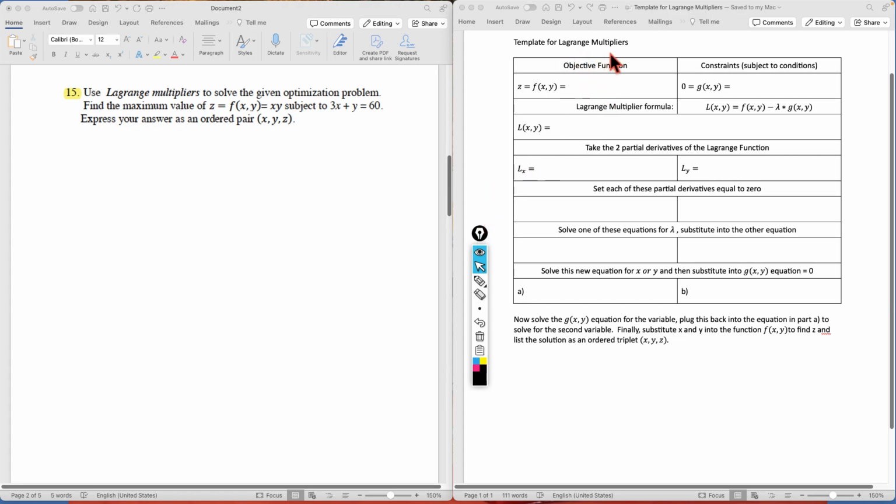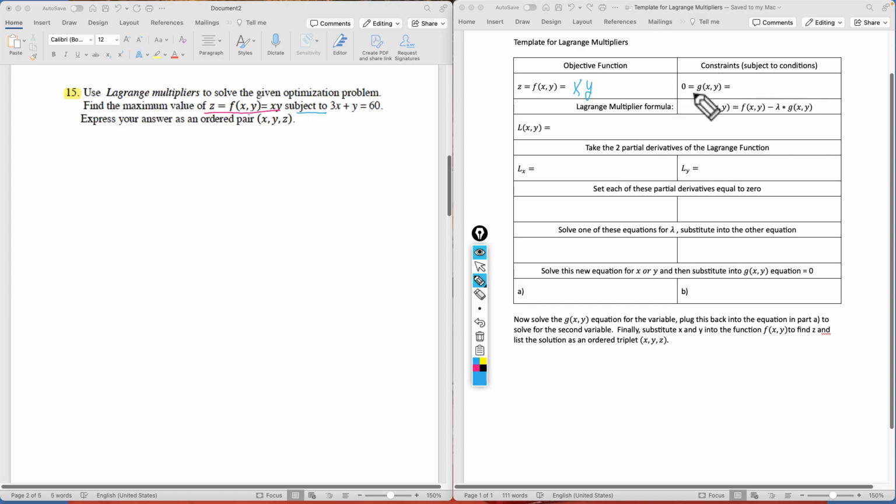So for using Lagrange multipliers, we're always given the objective function, and in this case it's given to us right here. So we're going to write that over here: z, f of x, is equal to x times y. We're also given a constraint, the subject to condition, and this is 3x plus y equals 60.